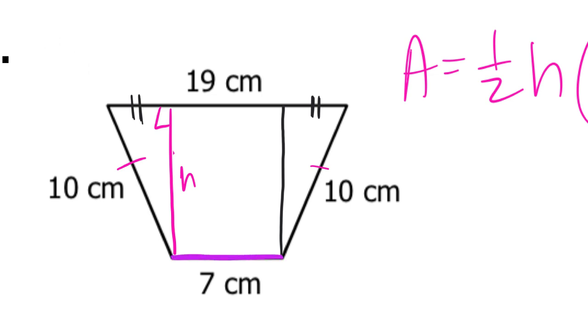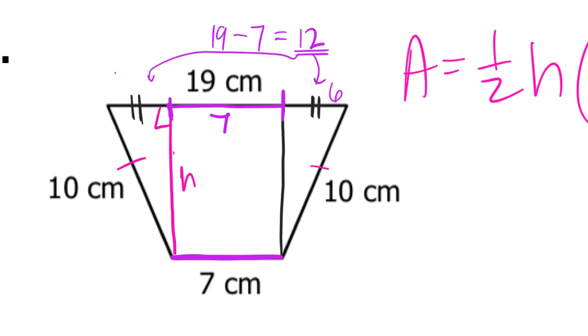If that's 7, then the distance from here to here is also 7. And if the whole thing is 19, we could just subtract to see what we have left. So 19 minus 7 is 12, which means 12 centimeters has to be split between this piece and this piece. So each of these would have to be 6.